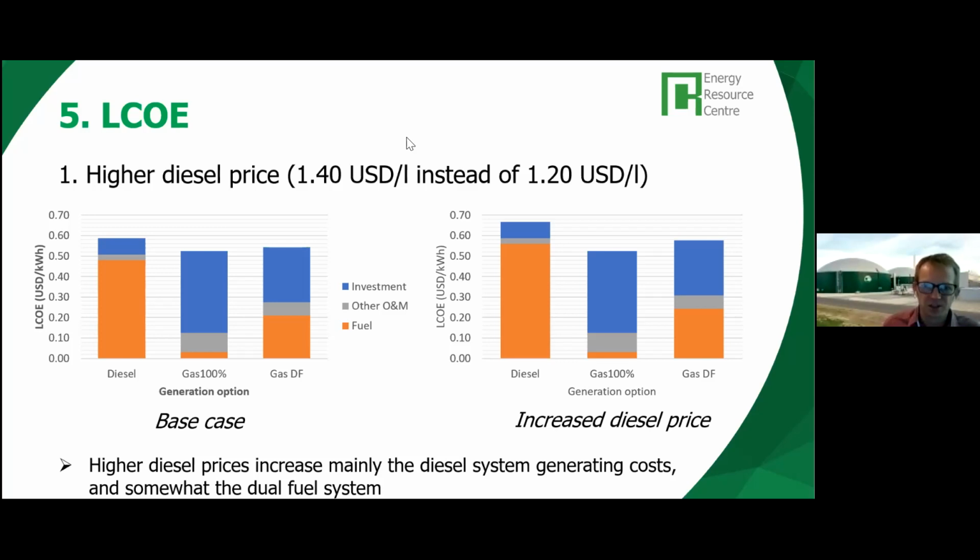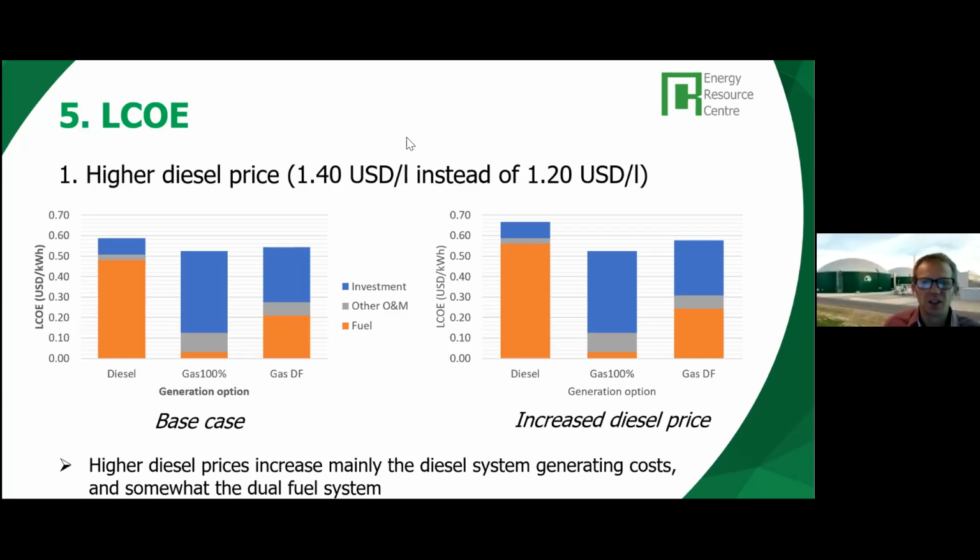The effect on the levelized cost of energy. Does it mean that the levelized cost of the diesel case increases? So the cost of the diesel case will be higher. Does it mean that the levelized cost of the gasifier case decreases?